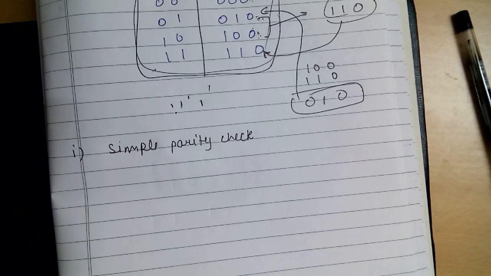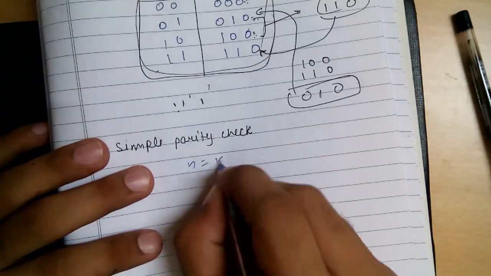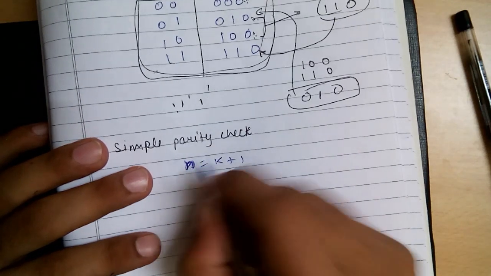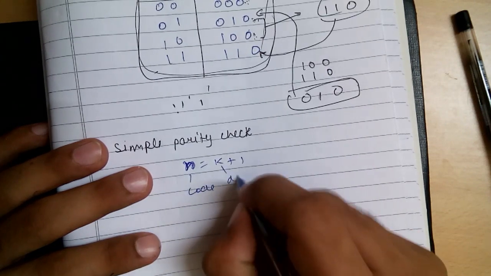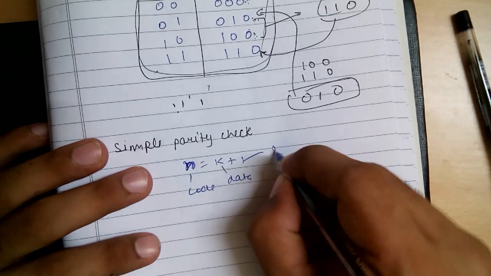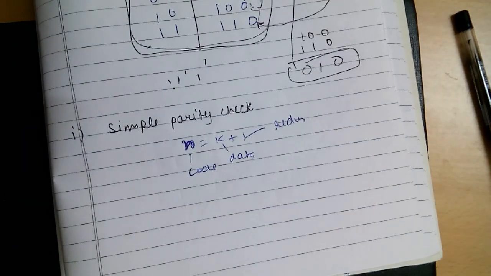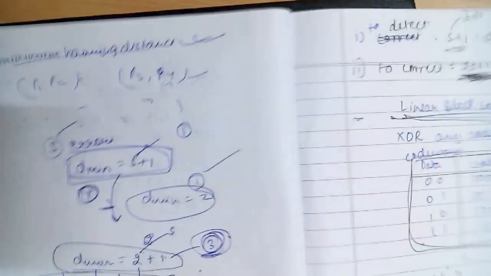We won't be able to correct it, but we will surely detect it. So it is an error detecting code with n equal to k plus 1. That is, n is the code word with k data bits and one redundant bit we add. So how do we create this code? Okay, let's draw it.